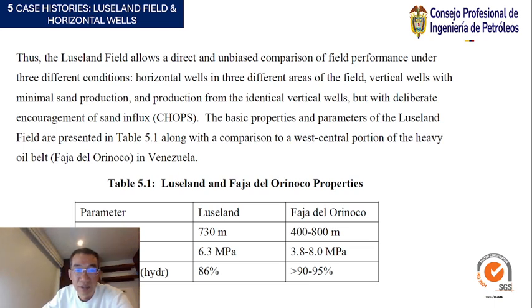The oil saturation is 86%, and the other field is above 90 to 95%.